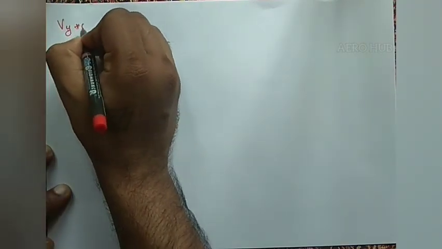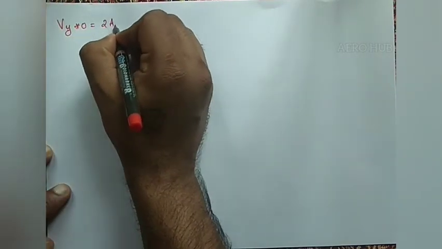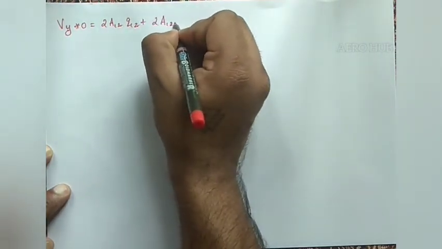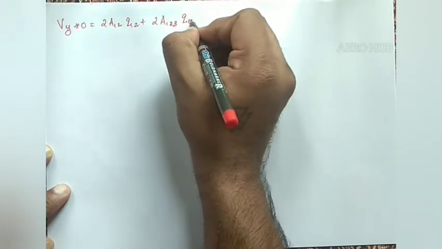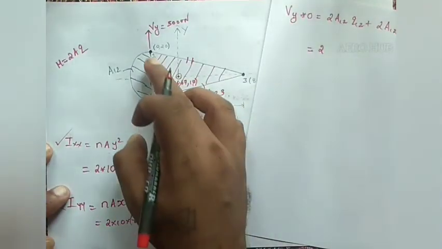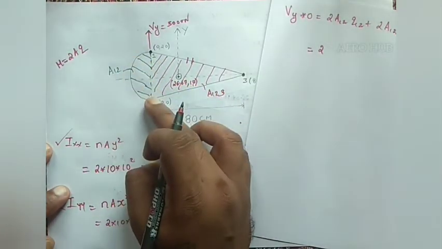So Vy into 0 is equal to 2 times A12 Q12 plus 2 times A123 into Q23. The area of 1, 2 will be pi r square by 2.